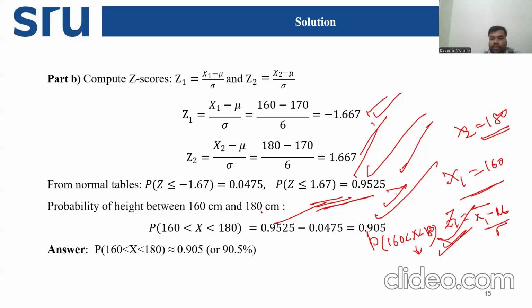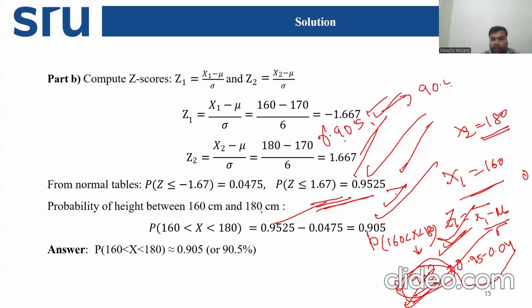You will get this value, 0.905, after subtracting 0.0475 from 0.9525, that represents about 90.5%.